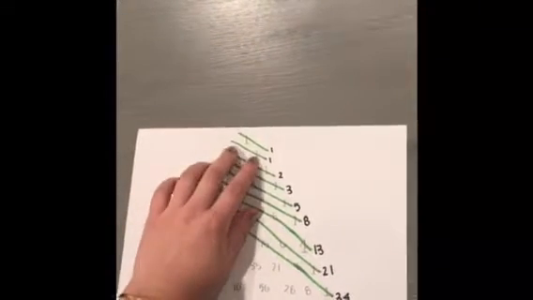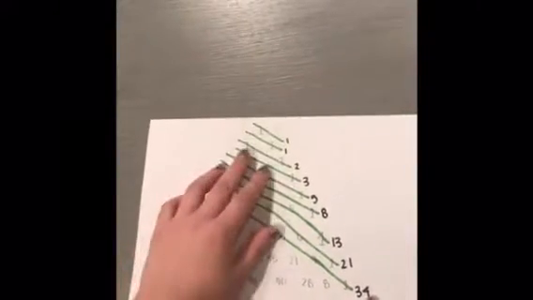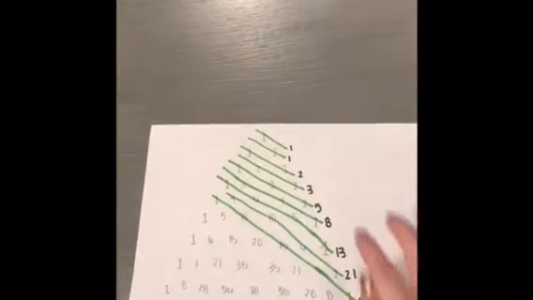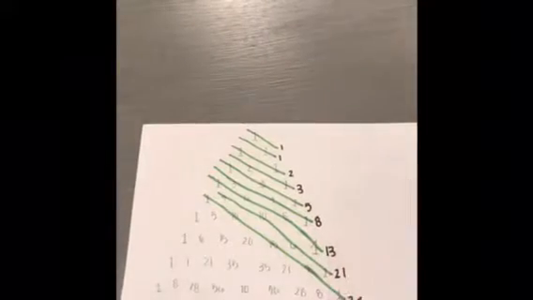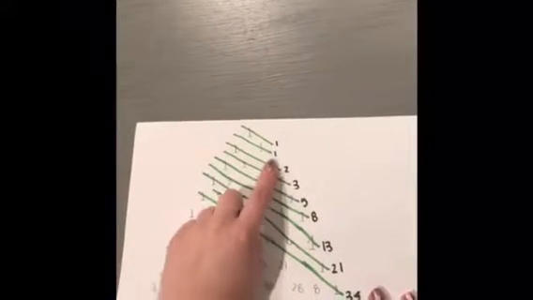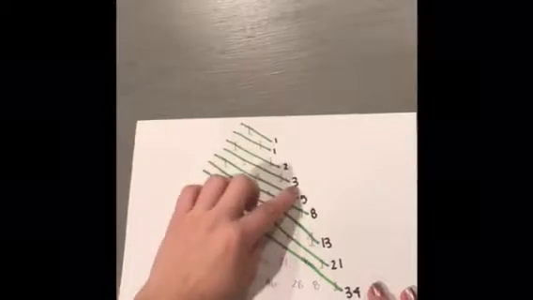So the sum of this diagonal would be 1. For the next diagonal, it starts with a number and it ends with a number. So the sum of this diagonal is 1 plus 1, which is 2. And you can also get the sums of the next row, like if we wanted to find 3, but we didn't want to add these up. You could do the 2 diagonals before, so we figured out that was 1, and the next one was 2. So you can add these 2, and you would get the next one.